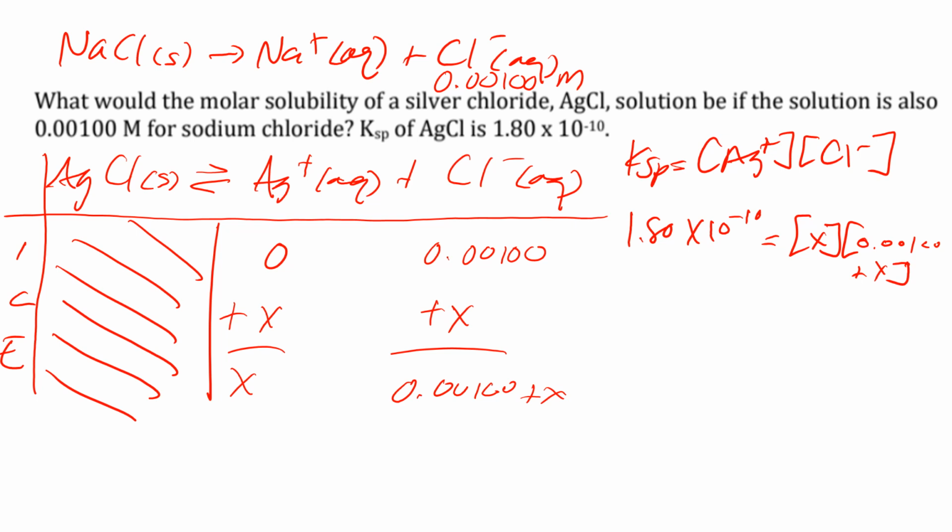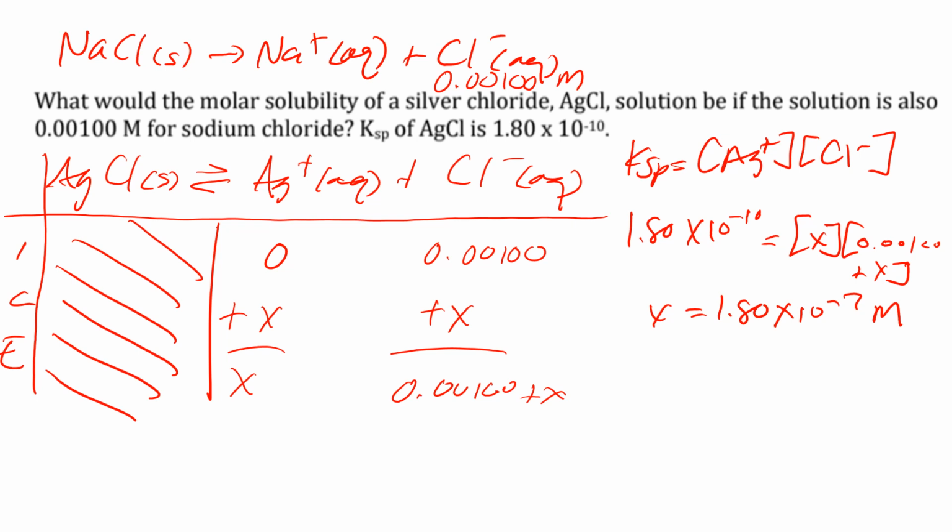We can assume that x is small because the KSP is small. So I just plug this into my calculator. I got x equals 1.80 times 10 to the negative 7 molar. Since x is the silver ion concentration, it is also the molar solubility for AgCl.